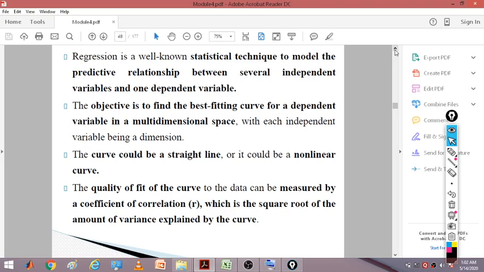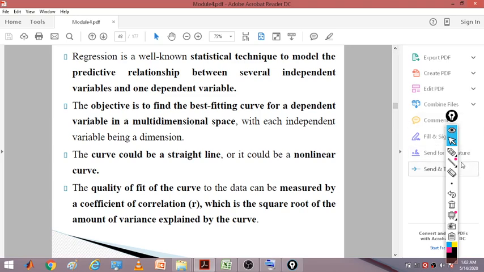Either it may be a binary value or multiple values, but you have a fixed set of values. But here, the output may be continuous in nature. Sometimes even a categorical output can be represented in the form of a function in continuous form.